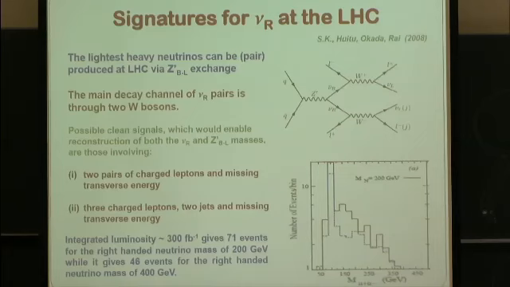So the signature is that it will not decay immediately, but we can observe displaced vertices. The vertex of the production will be displaced from the vertex of the annihilation. And then it will eventually decay to dileptons plus missing energy, which is a very interesting signature because it has essentially clean background.